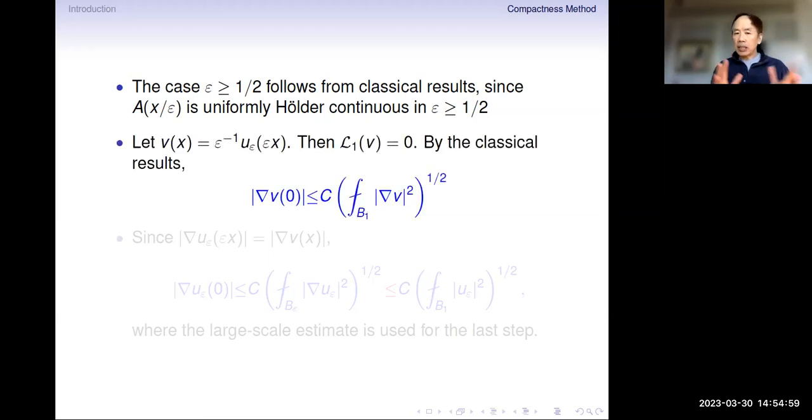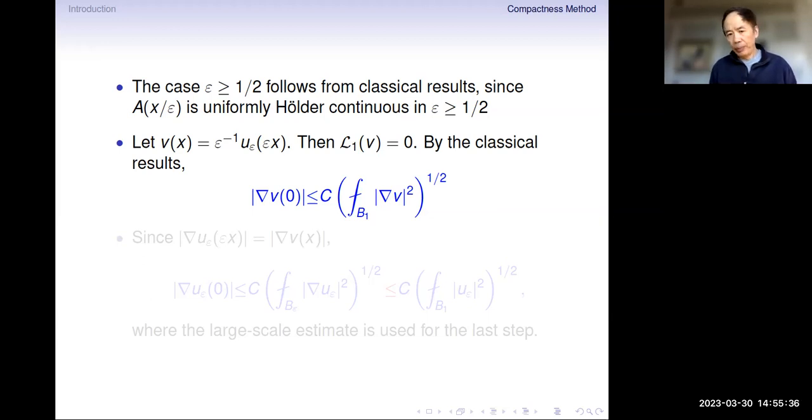Okay, so next we're going to do a rescaling. So we consider the function v(x) equal to epsilon to the -1 times u epsilon of epsilon x. u epsilon is the solution. So we rescale the variable x to epsilon x. Okay, and then this function v will satisfy the equation L1 of v equal to 0. And this rescaling property will be used in the compactness.